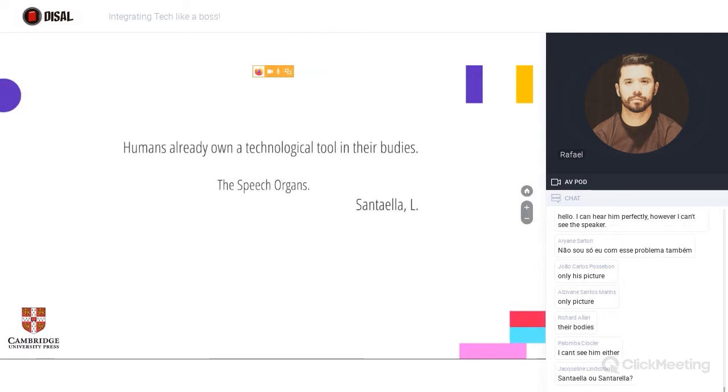So that's a good technology, an awesome technology, and that would be the very first tech apparatus we use, speaking, to access reality and expand our senses. So that's pretty much what Santaella says, and that's the idea she elaborates.